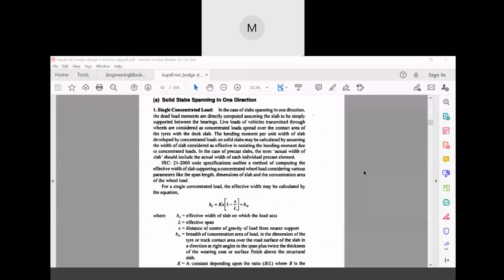Anyone please volunteer and say what is slab spanning in one direction?